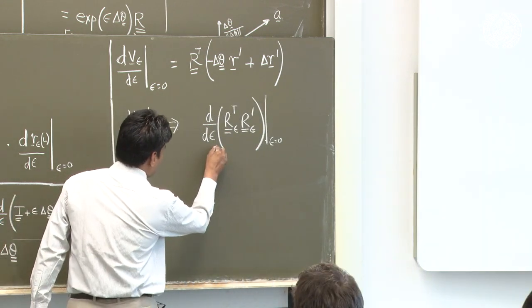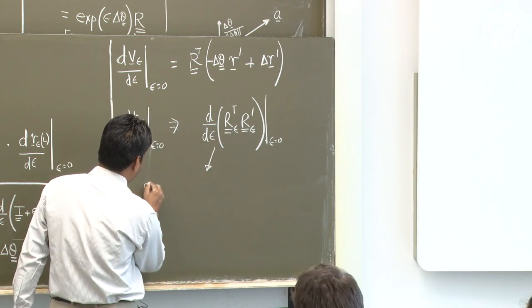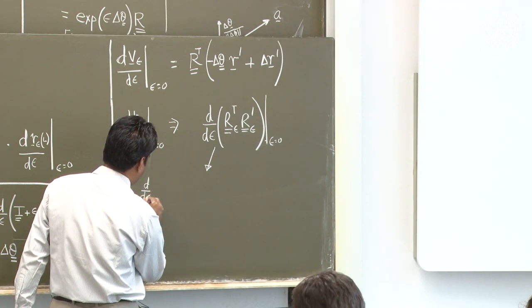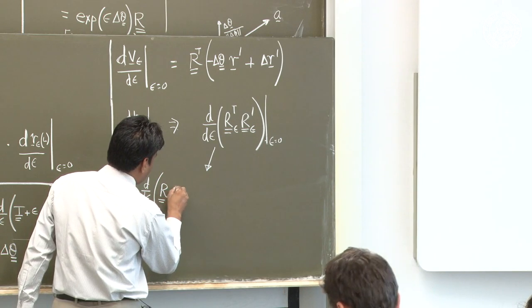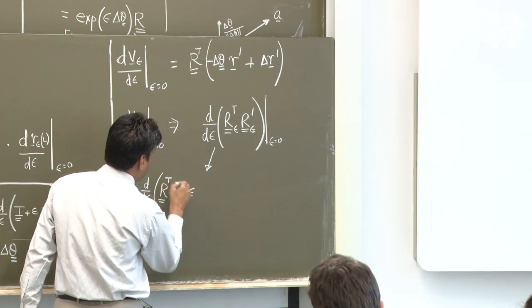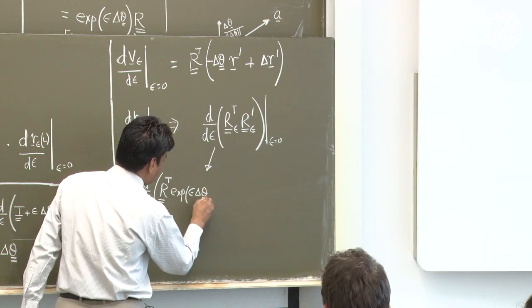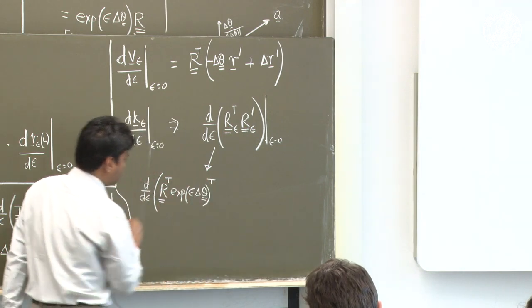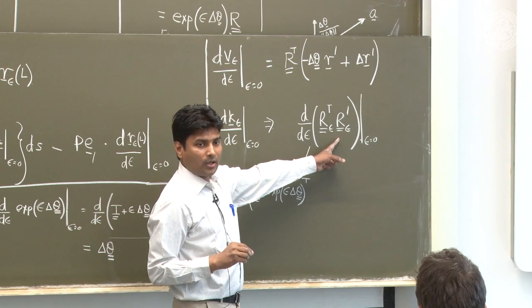So this is same as d by d epsilon of big R transpose times exponential of epsilon delta theta transpose into big R epsilon prime.